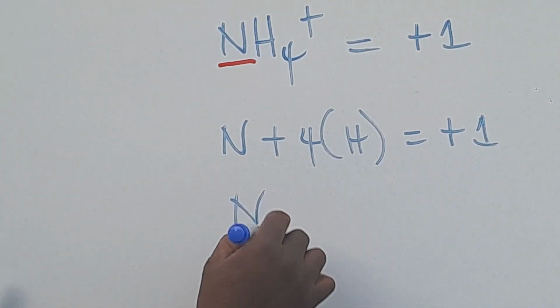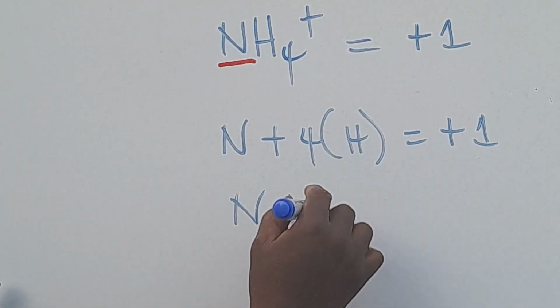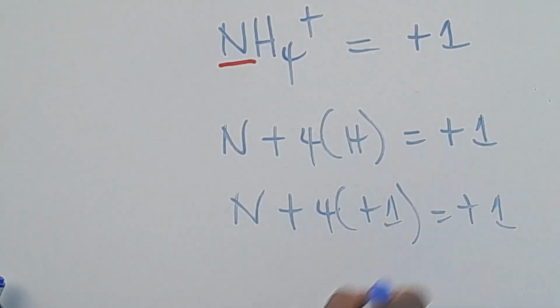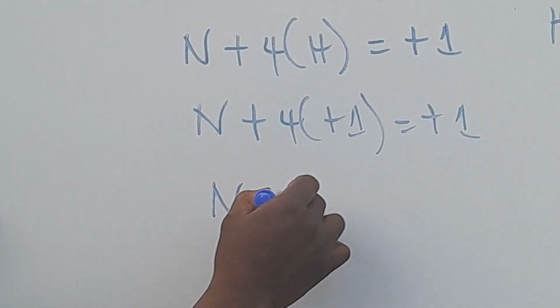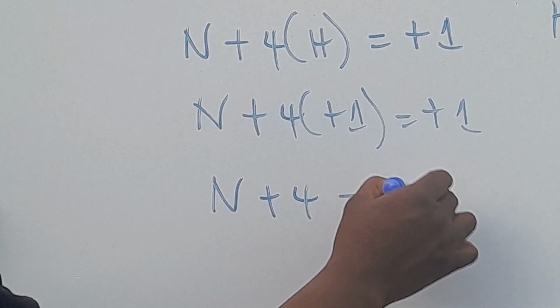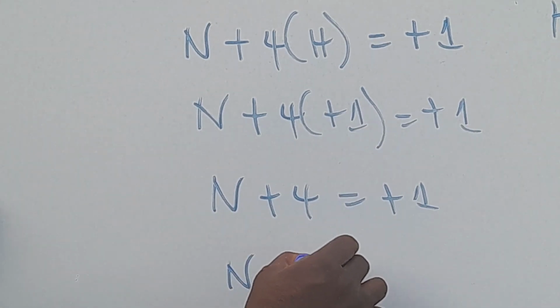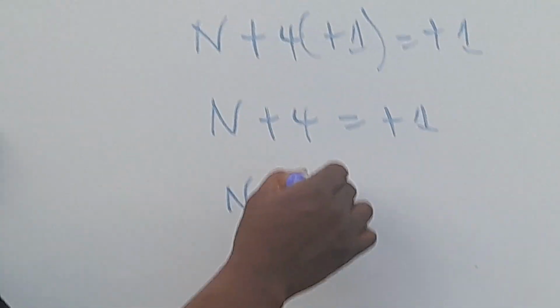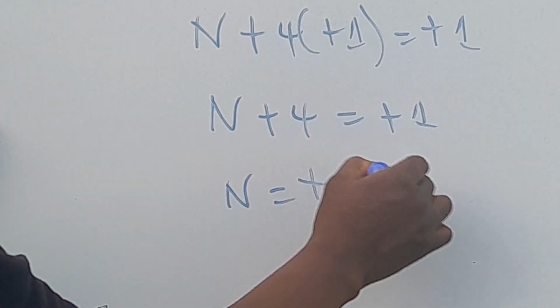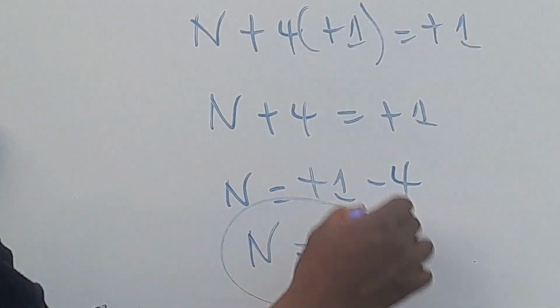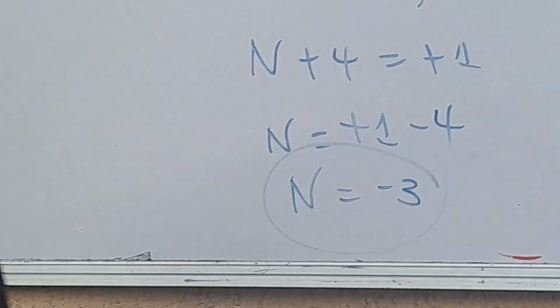So I have N plus 4 times plus 1 equals plus 1. Did you get that? N plus 4 equals plus 1. Collect the like terms. Your N equals plus 1 minus 4. N equals what? Minus 3. That's the oxidation state of nitrogen in ammonium.